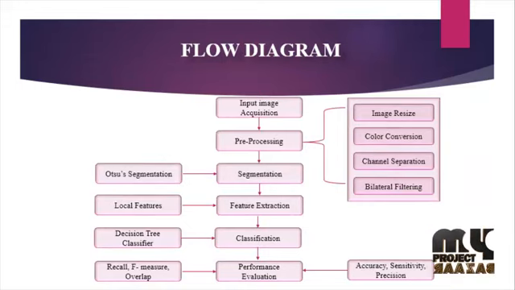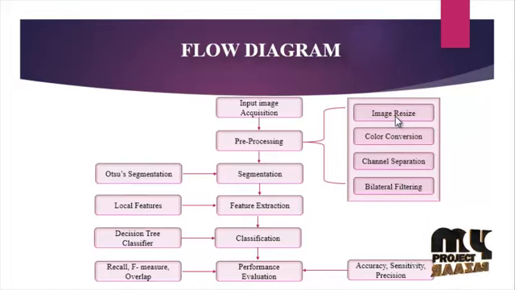Now we can see the flow diagram of the system. In this proposed system, the diabetic maculopathy is detected using image processing techniques. First, the image which is to be pre-processed is taken. The pre-processing like image resize, color conversion, channel separation, and bilateral filtering is done.